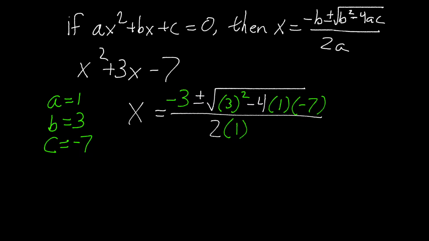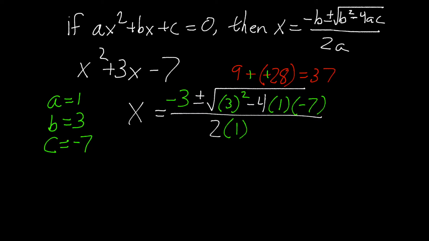So we have 3 squared, which is 9, minus 4 times 1 times negative 7. 4 times 1 is 4, times negative 7 is a negative 28. So that's what's going on under the radical. When we are subtracting a negative, it's the same thing as adding a positive. So we get 9 plus 28, which is 37.